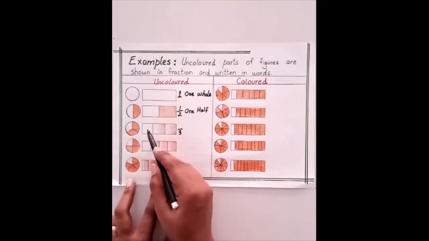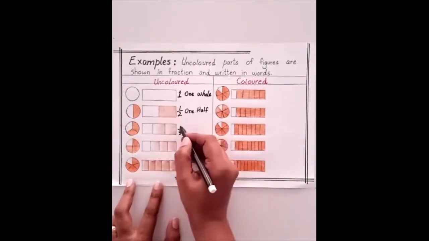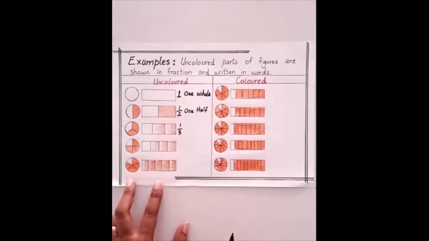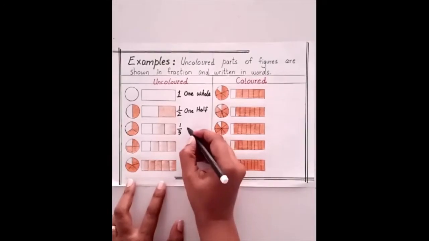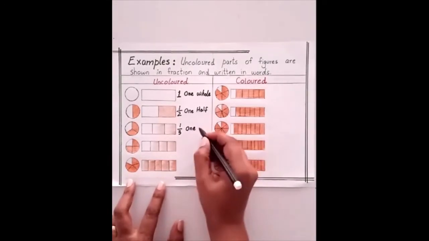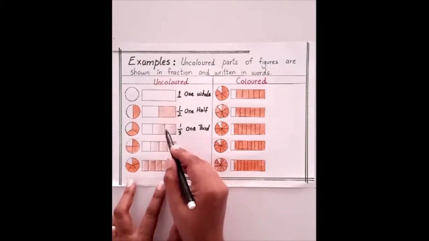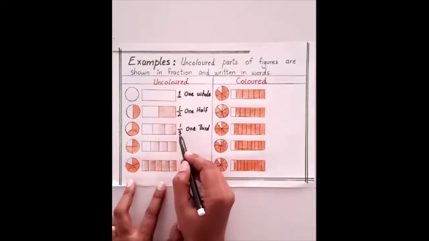Over here, we will write 1 as a numerator. And how it will be written in words? 1/3. 1 of 3 portions, 1/3.